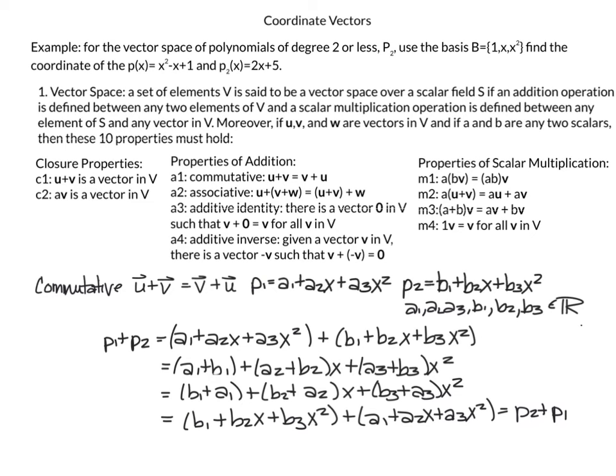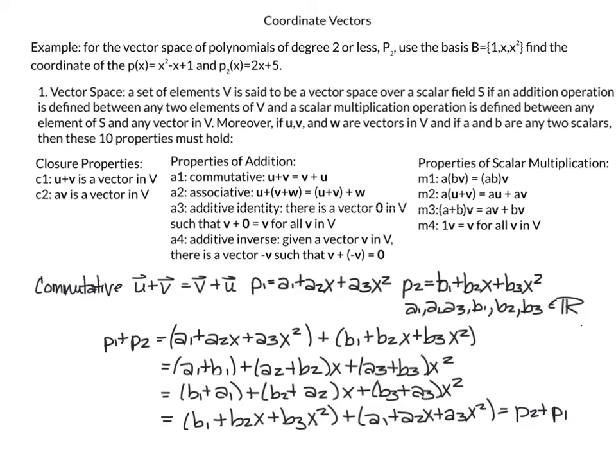To prove that this addition between vectors is commutative, I took my P1 and P2, my two polynomials of degree 2 or less, and I add them together, which is equal to A1 plus A2x plus A3x squared, plus B1 plus B2x plus B3x squared, and I combine my like terms as we do when we do polynomials. I can, because B1 and A1 are real numbers, so they commute.